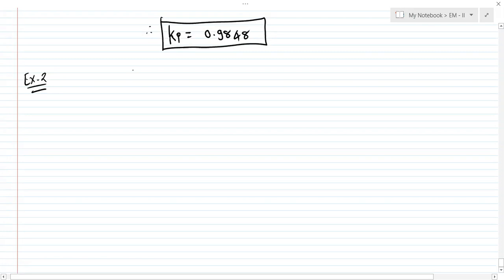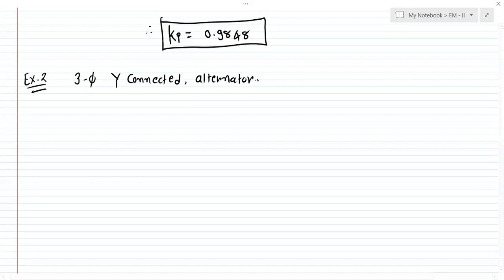Suppose we have a three-phase star-connected alternator, which has the following data.